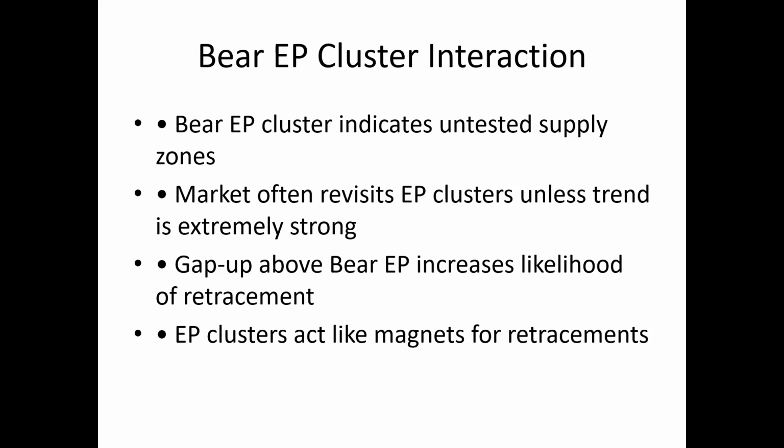A gap up above the bear EP increases the likelihood of retracement. That is what happened in the Nifty. It gapped up from the bear EP clusters, so I'm anticipating a correction of the Nifty towards the EP cluster, a retest. EP clusters act like magnets for retracements.